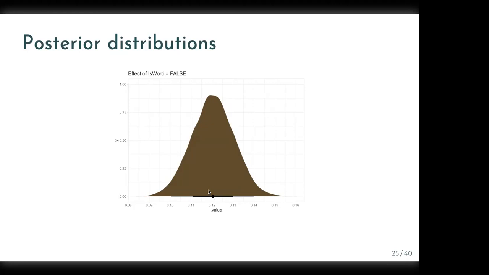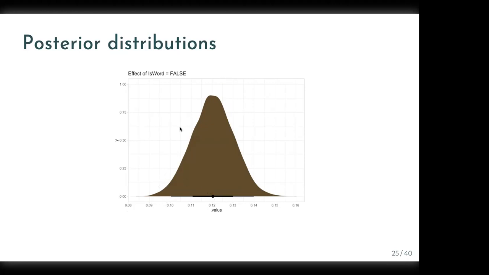Again, this is exactly the same as with frequentist linear models. It's nothing new. Hopefully, if you have a strong understanding of linear models, this should all be familiar, and it has nothing to do with this being Bayesian. It's just applying the same principles, basically.